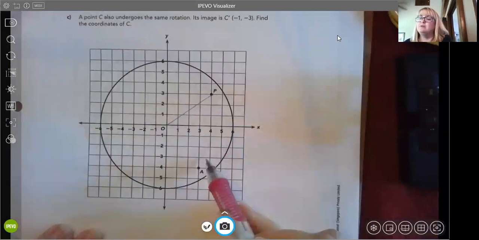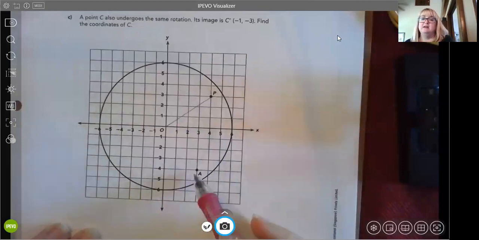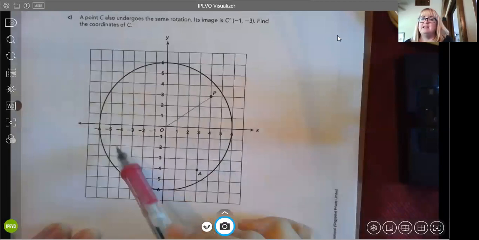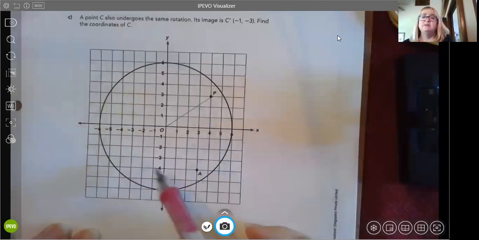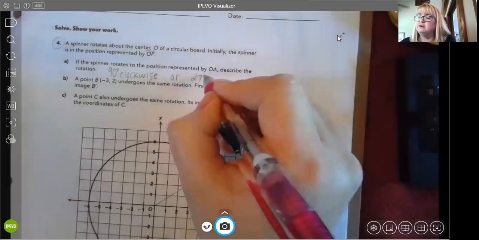If we move counterclockwise, we're going to go through 1, 2, 3 quadrants. So this would be 90, 180, 270. So it's 270 degrees counterclockwise.